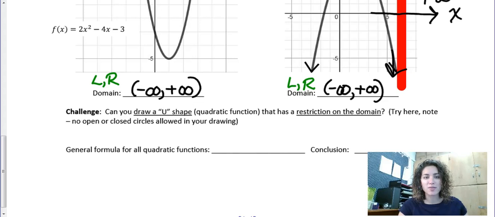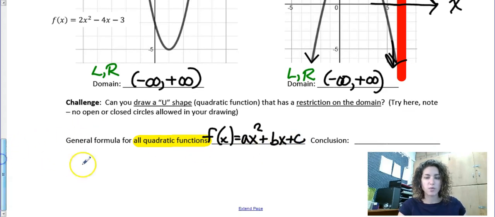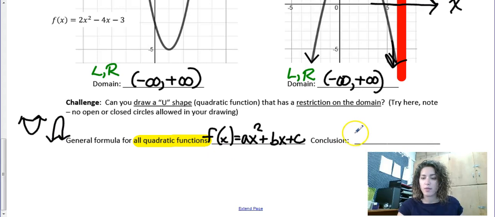But for the sake of the notes, I will establish that for quadratic functions, which are of the form f of x equals ax squared plus bx plus c, no matter what U shape we draw, if it's opening up or it's opening down and it's super skinny, doesn't matter what U shape we draw, we will always hit arrows coming in from the left and coming in from the right.